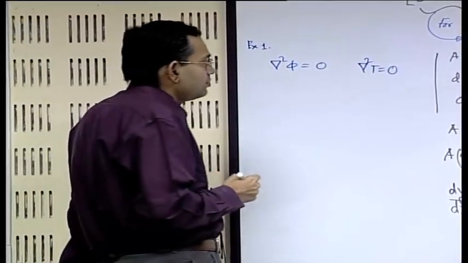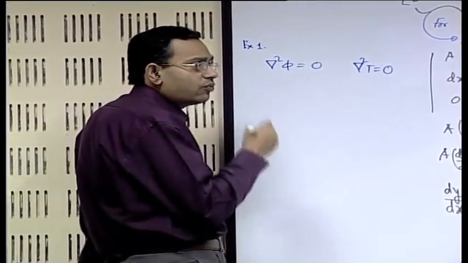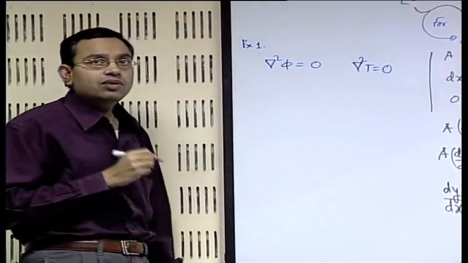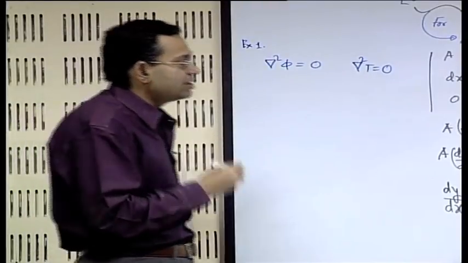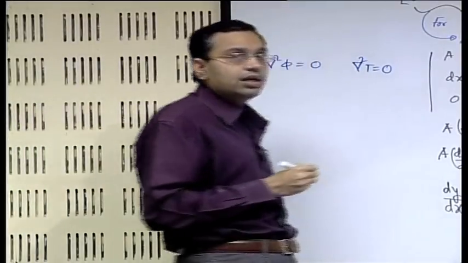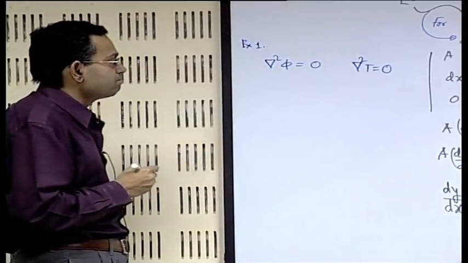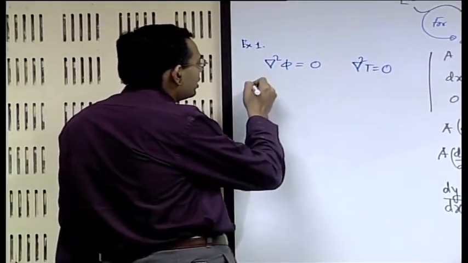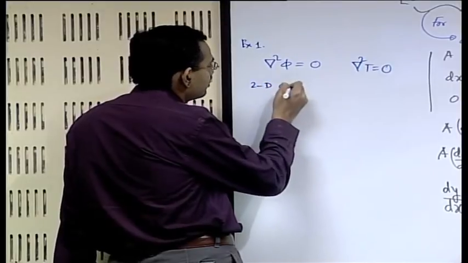Let us try to assess what is the particular nature of this equation. Is it parabolic, is it elliptic, or is it hyperbolic? So, let us consider a 2 dimensional example.